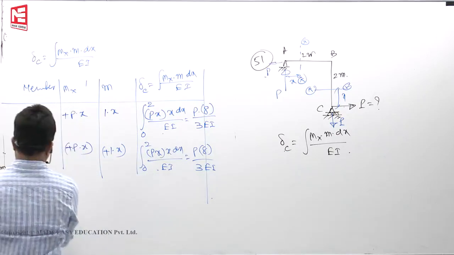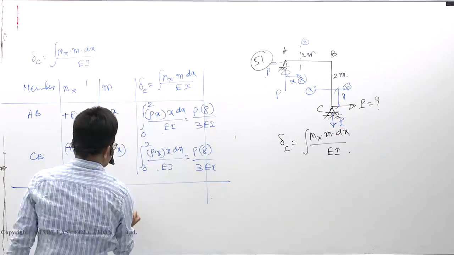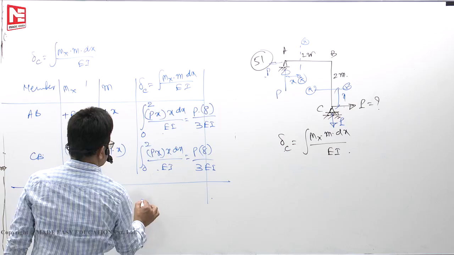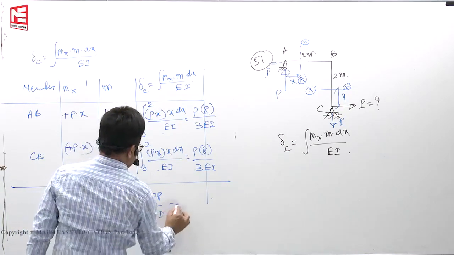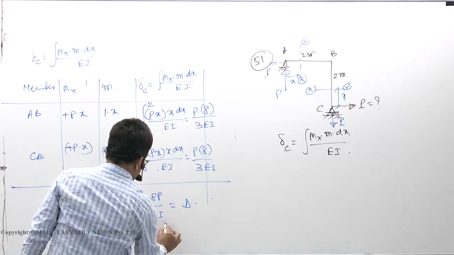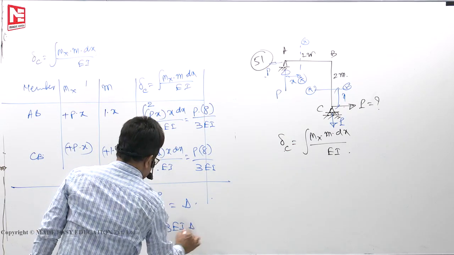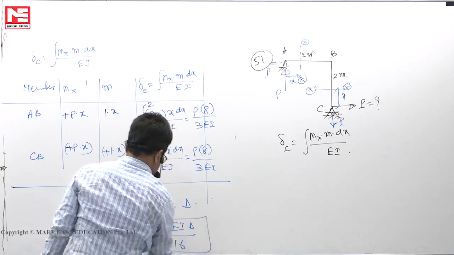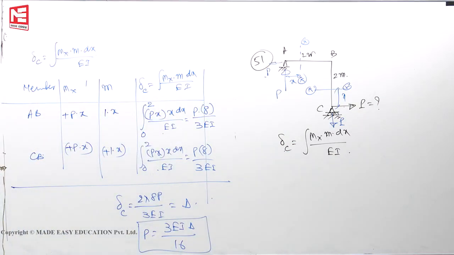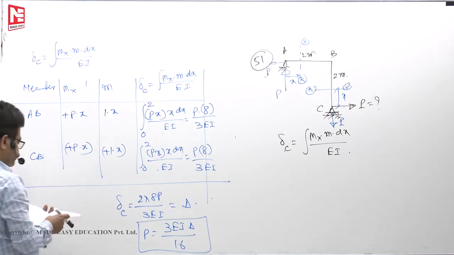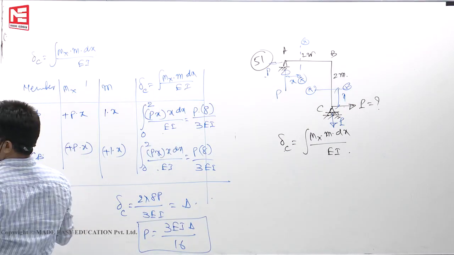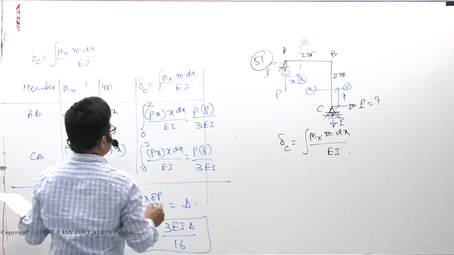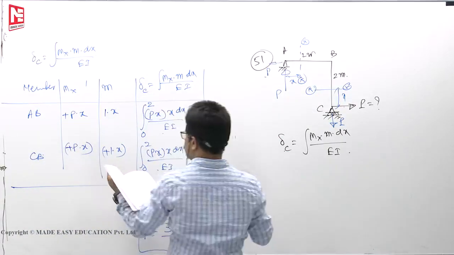So total delta C is 2 times 8P by 3EI, which is equal to delta, as he is telling. So P is equal to 3EI delta by 16. So the correct option is 3EI delta by 16. So C is the option. This is question number 51, 51 C.